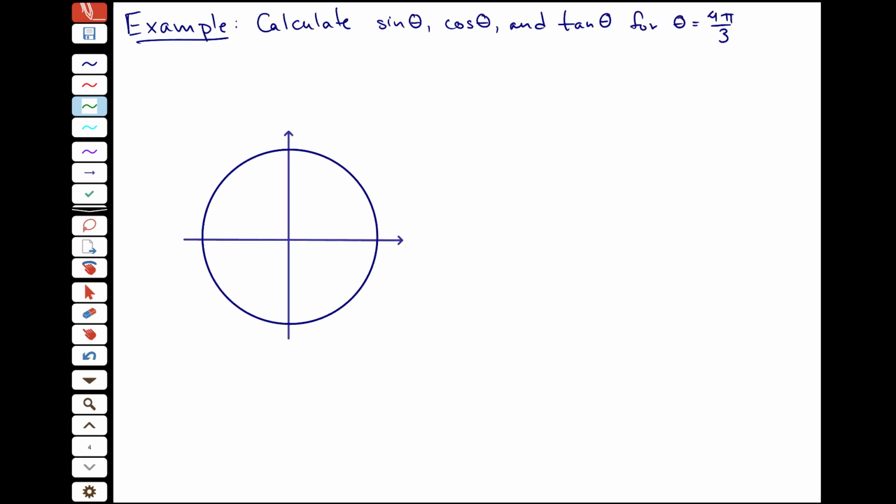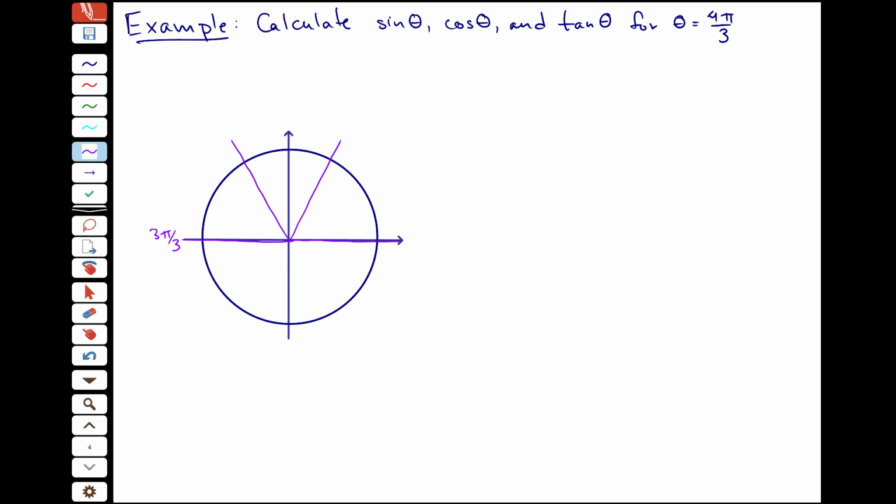Okay, let's look at one more example. We are going to calculate sine, cosine, and tangent for an angle of 4 pi over 3. So first off, let's take our circle, and what I'm going to do is actually break it up into pi over 3s. So I have 0 is right here, 1 pi over 3, 2 pi over 3. Remember, pi is the same as 3 pi over 3.